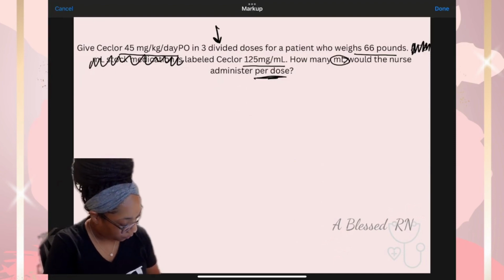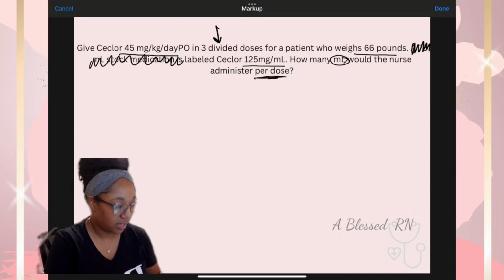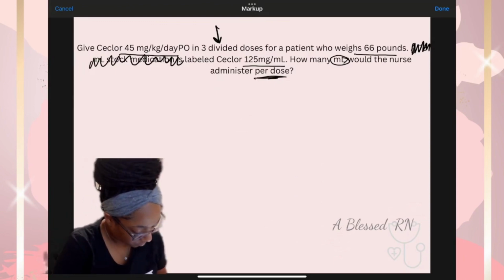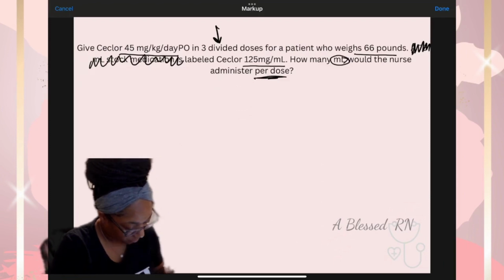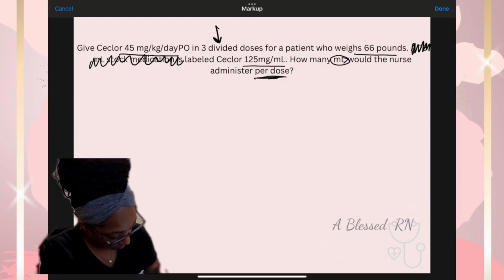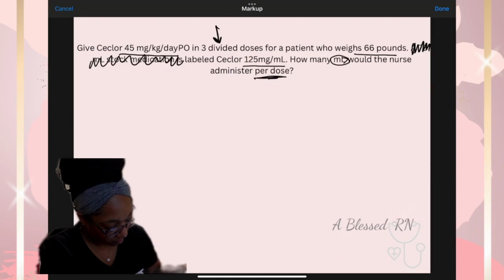All righty, so for dimensional analysis, we're going to start with what we have. Product, prescription, patient.